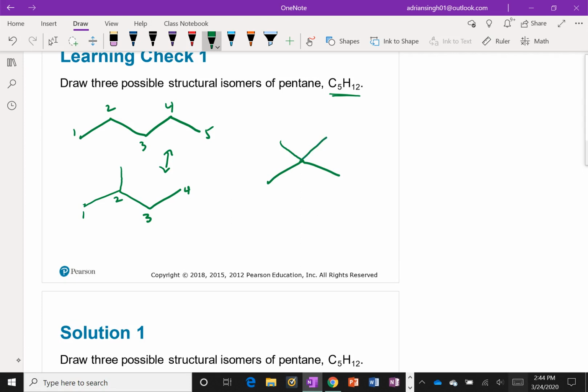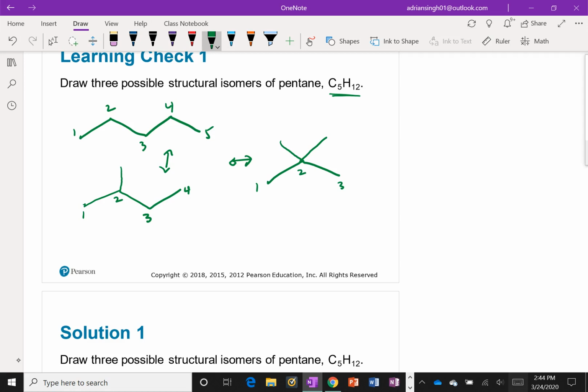Remember, carbon likes to form 4 bonds, right? So now I have 1, 2, 3 carbons in a row, but now I have 2 carbons sticking out from that central carbon atom. So this would also be an isomer of those 2.